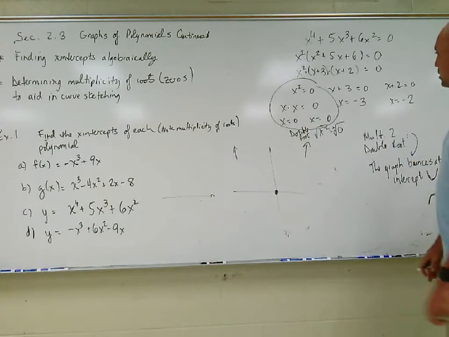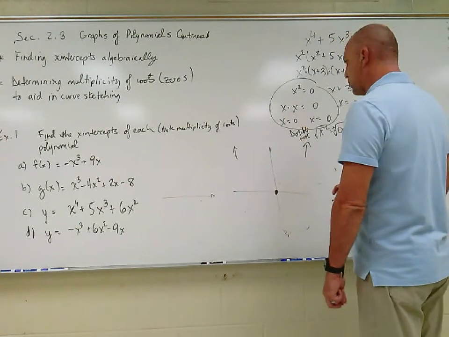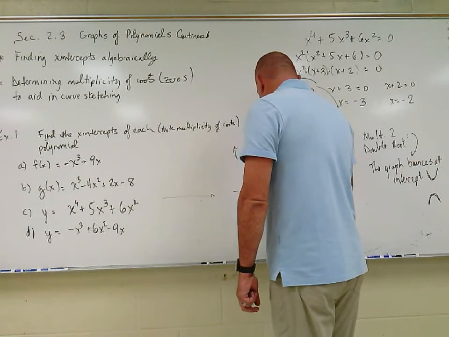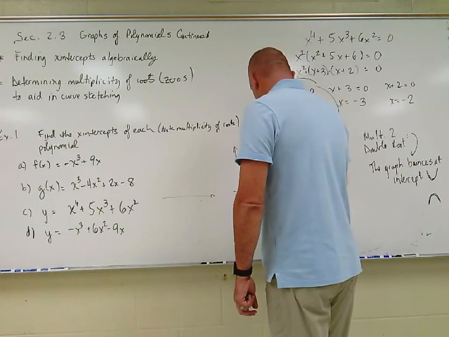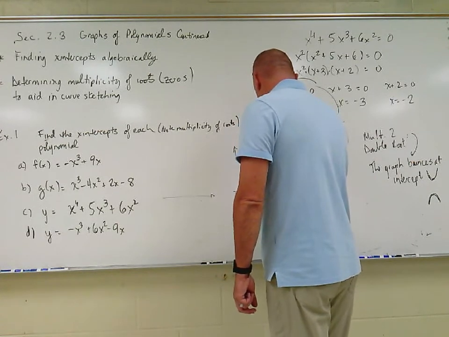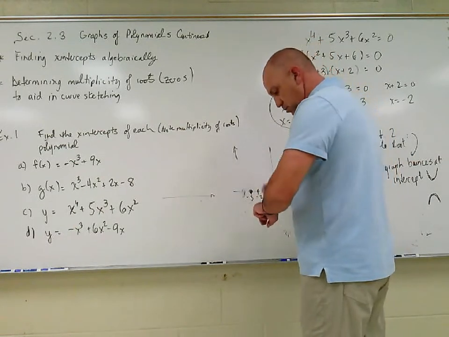Okay? And so then, let's see. So I'll go through. So what do we have? Negative 3, negative 2. Oops. Negative 3. So let's see. Those are single roots.